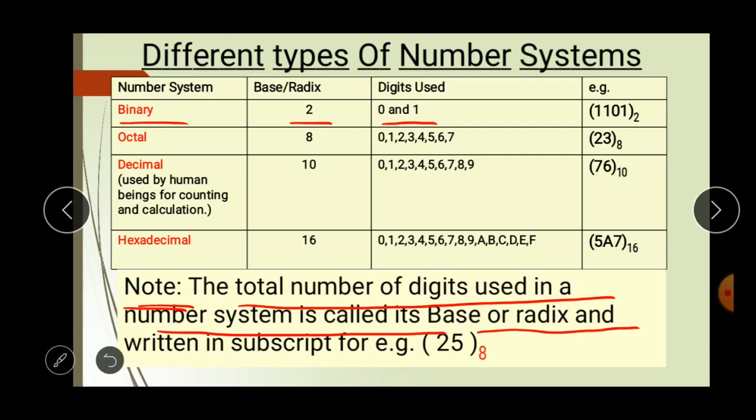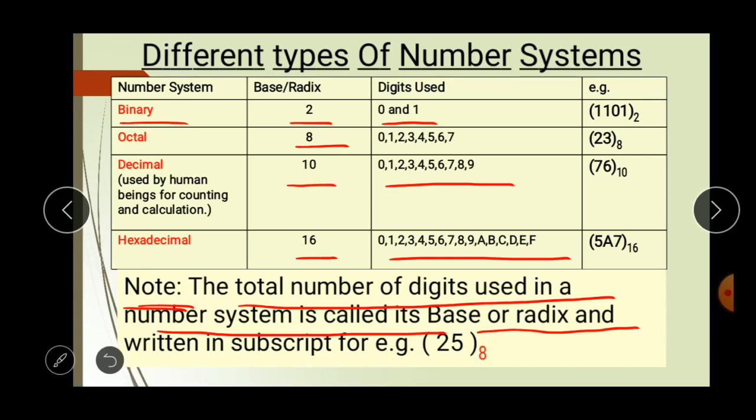As you know, in octal number system we use a total of 8 digits, that is why its base is 8. In hexadecimal number system we have 16 notations, that is why its base is 16. In the same way, the decimal number system has a total of 10 digits, that is why its base is 10.